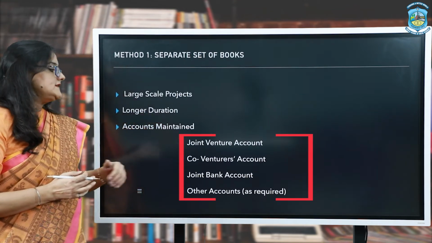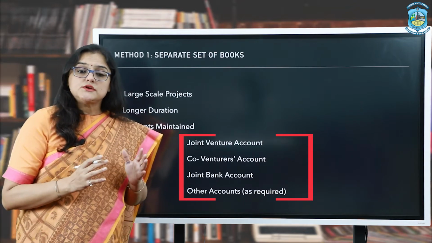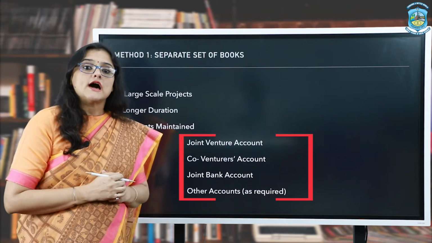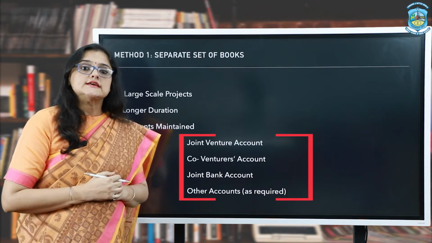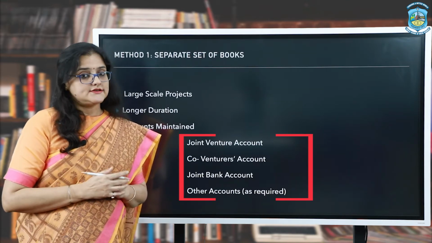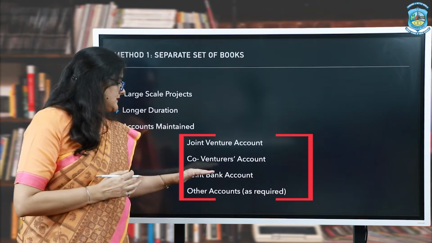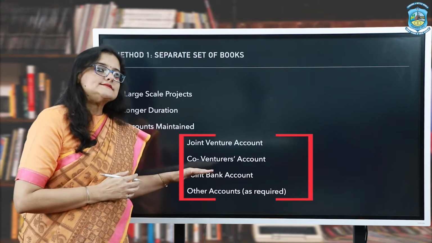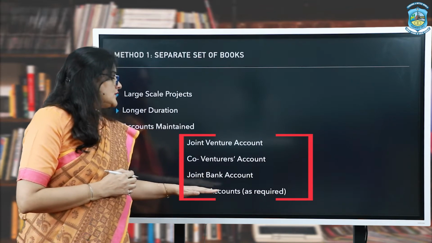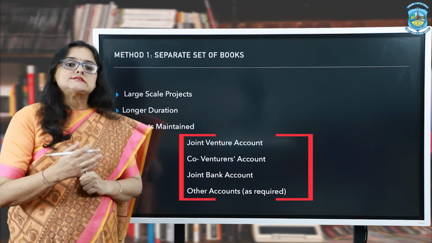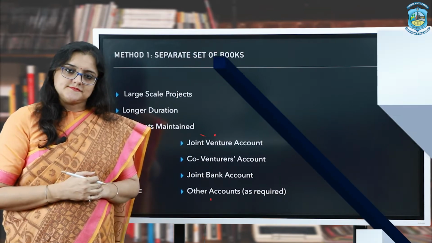And then we maintain the joint bank account. Since I told you that this method is suitable for large projects, the volume of financial transactions is much more. So they should be properly accounted for with a separate bank account called the joint bank account. And we may maintain some other accounts as per the requirement of the venture.